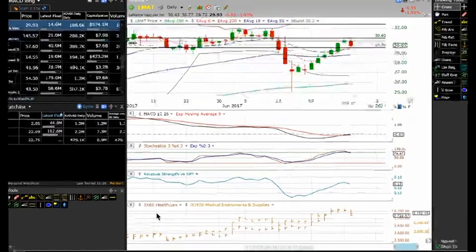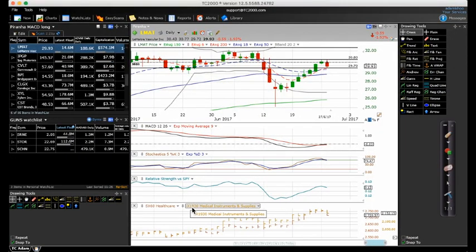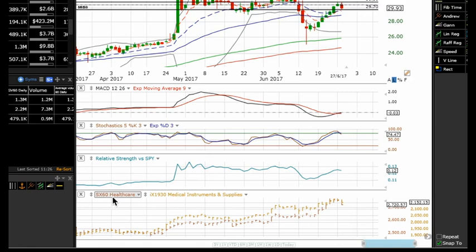I want to make sure that the sector or the industry is on a strong uptrend, or it's a strong performing sector. Now, you can look at Finviz, which is free, to make sure it's in the top 3 performing sectors. You can also look at the chart of the sector or the industry using TC2000. So you can see that the sector and the industry, they are both on an uptrend. All right, you can see a clear uptrend, so that's what I want to see.